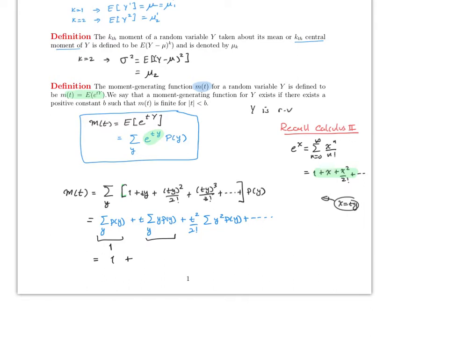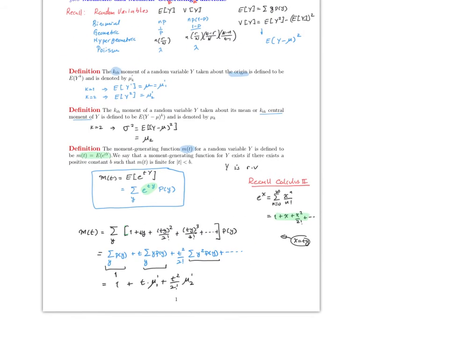This one is technically the expected value, so that will be t times mu 1 prime, and then this will be t squared over 2 factorial, and now this is the second moment, which by definition is mu 2 prime, and by definition I mean the first definition we were using. So this is the first moment, this is the second moment, and so forth.